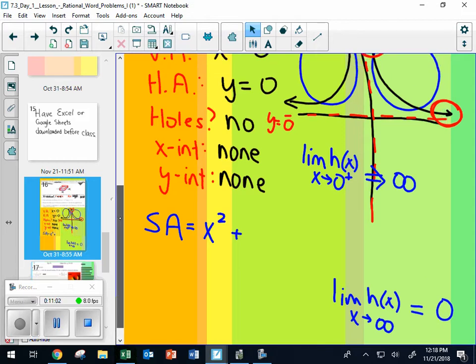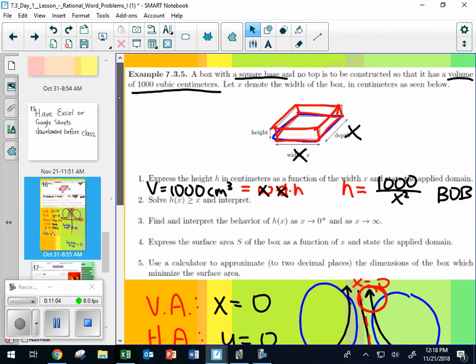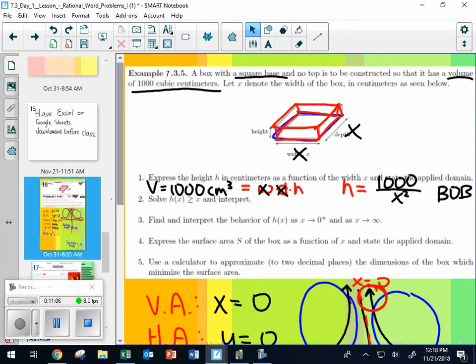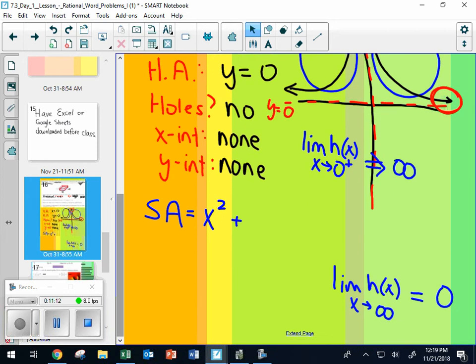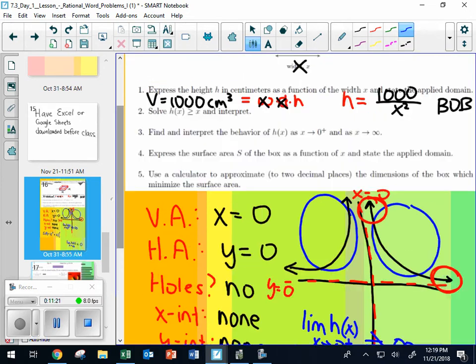Okay. If we think about our surface area, what will we need? What 2 things will we need to multiply together for each of those sides? H and x. Thank you. So if we need h and x, I'll put the x here. But what is h in terms of x? 1,000 divided by x squared.